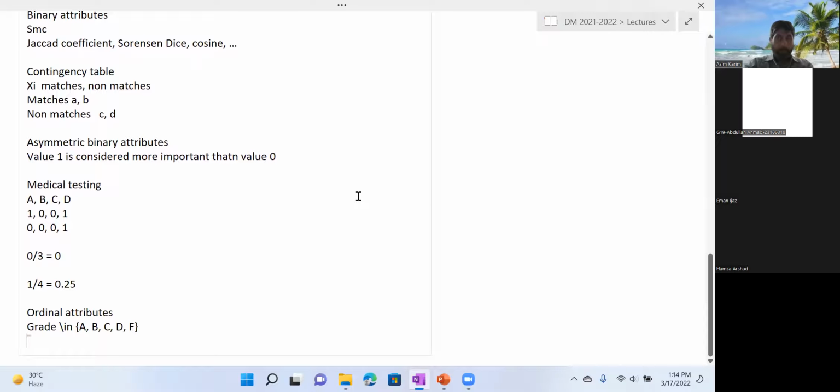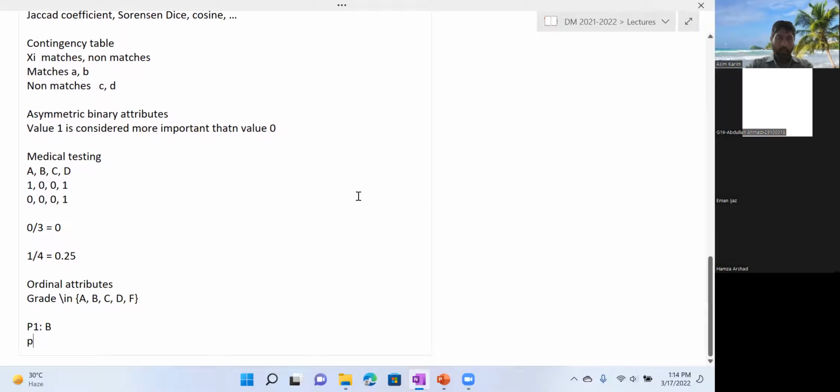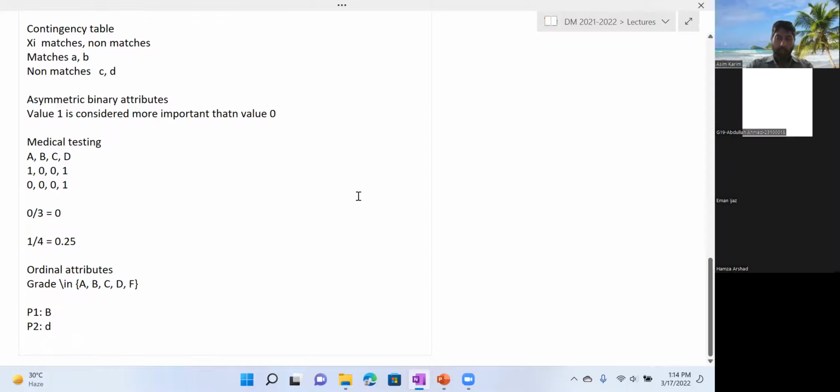So for ordinal attributes, we basically convert them into numbers and then apply a simple difference. So how do you do that? Let's say we have two objects. Say person P1's grade was B and P2's grade was, let's say, D. Okay? So how would I compute the dissimilarity between them?